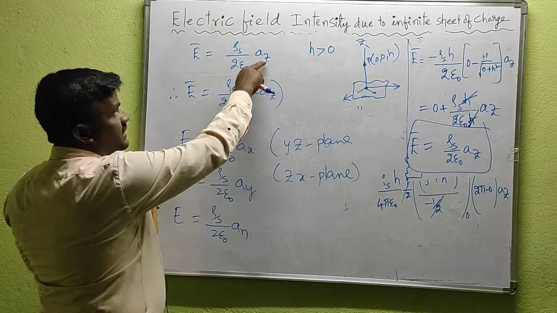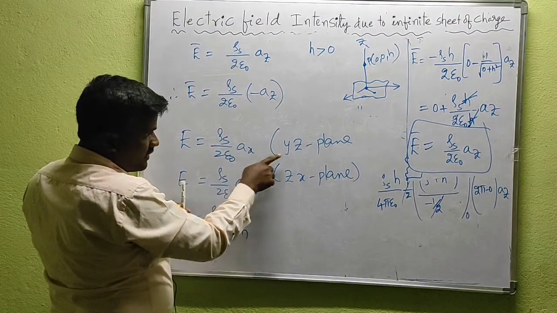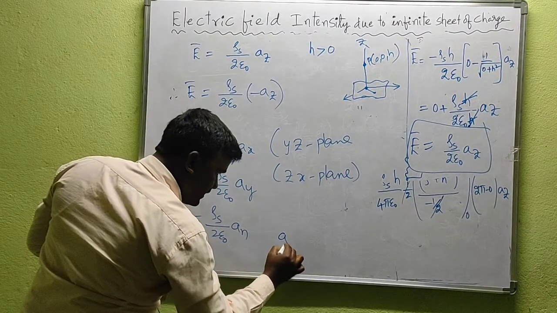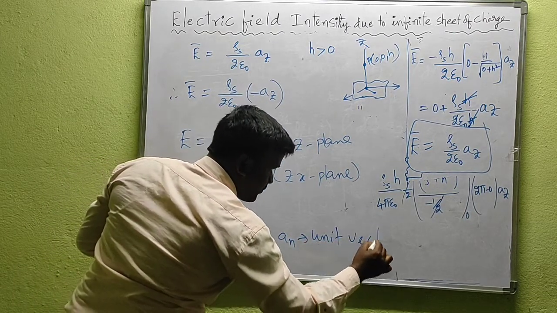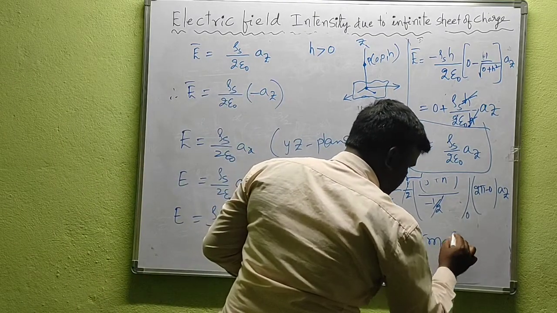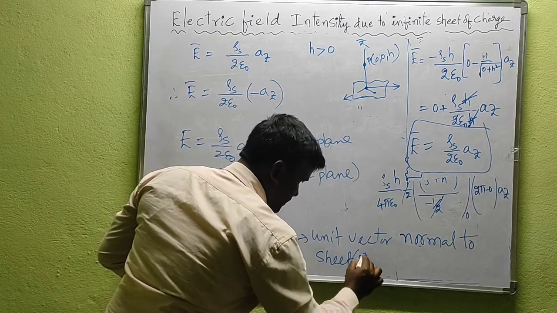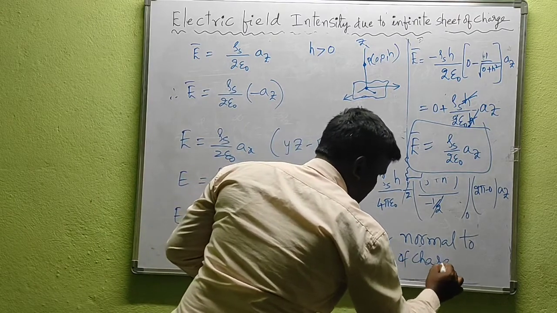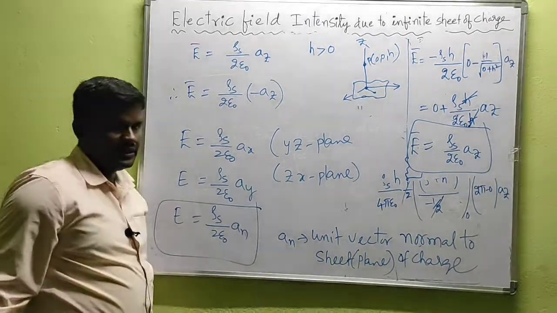Here az is the unit vector normal to the xy plane, ax is the unit vector normal to the yz plane, ay is the unit vector normal to the zx plane, and an is the unit vector normal to the sheet or surface or plane of charge. So finally we got E as rho s by 2 epsilon naught into an.